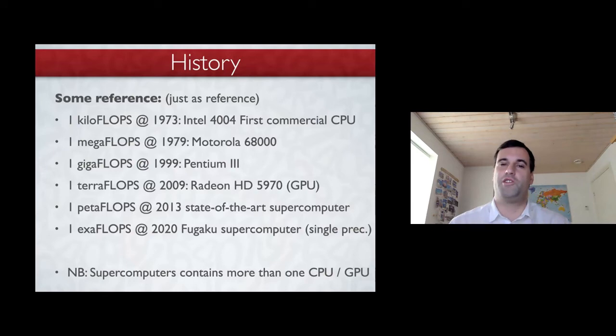At double precision, so for scientific computing, it roughly operates at half an exaflop. And a quick remark here: a supercomputer is typically built out of more than one processor, typically thousands or tens of thousands of processors.